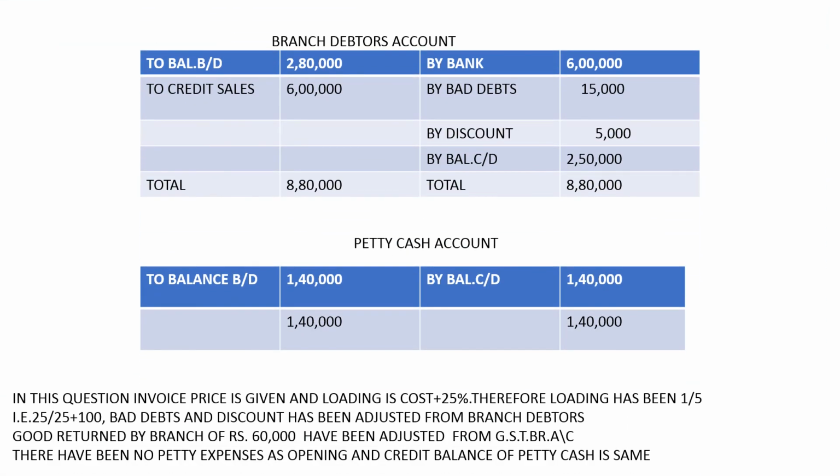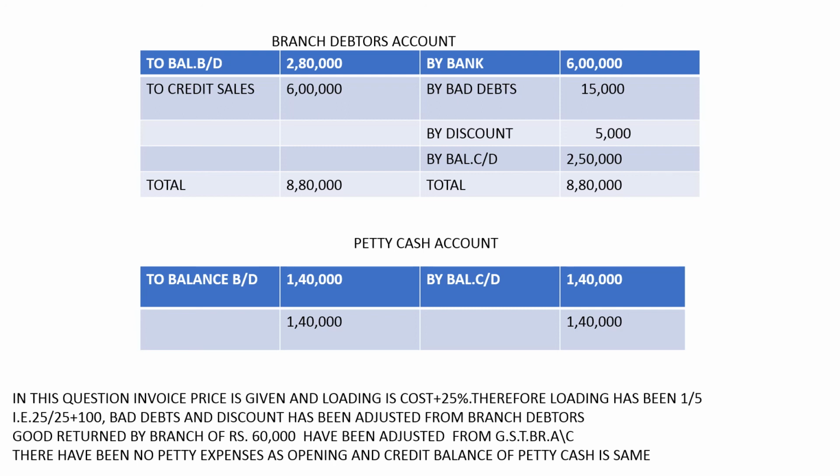Then we are showing branch debtors account. Opening debtors were 2,80,000. Credit sales has been made for 6 lakh. Then by bad debt 15,000, by discount 5,000, by balance c/d 2,50,000. Both sides are coming 8,80,000.